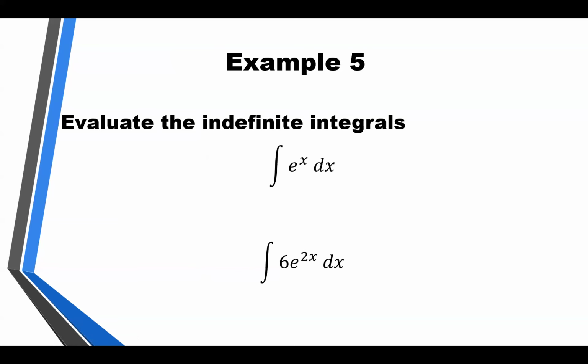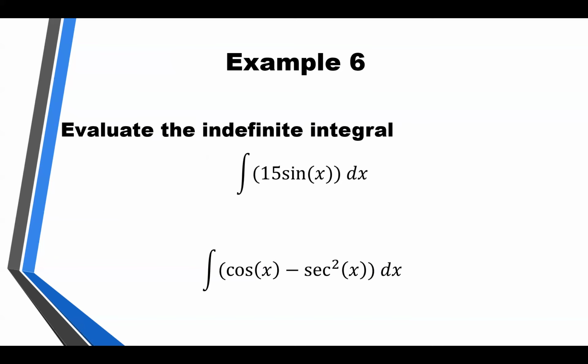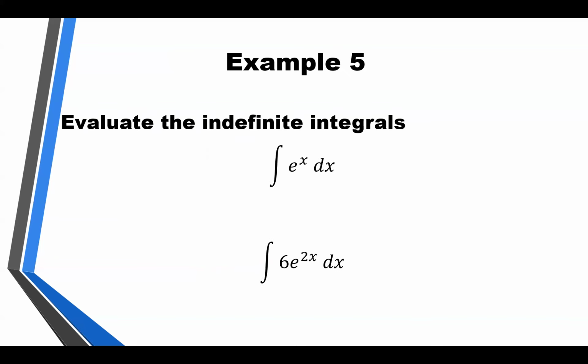In fact, let's do that. Let's do example 5 and 6 together. So for example 5, we want to integrate e to the x with respect to x, and then integrate 6 times e to the 2x with respect to x.